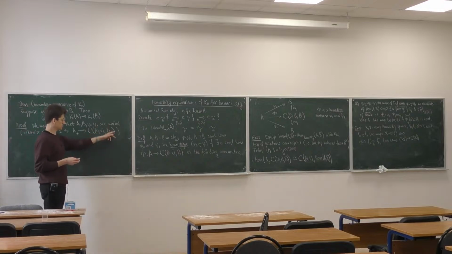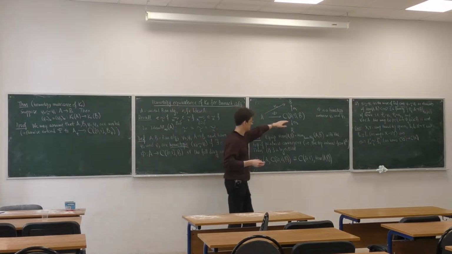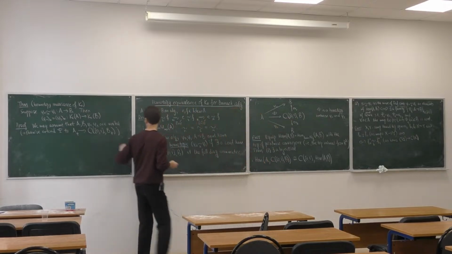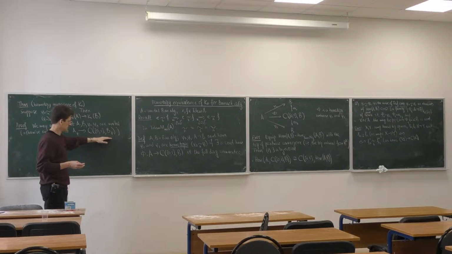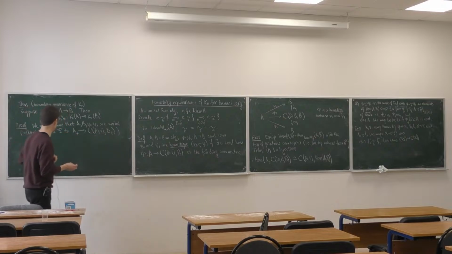The only point I'd like to stress is that this algebra, which is shown here, is not the same as the unitization of this one. This one is bigger. But actually this doesn't matter because the universal property of the unitization of A immediately gives us this map, this extension.